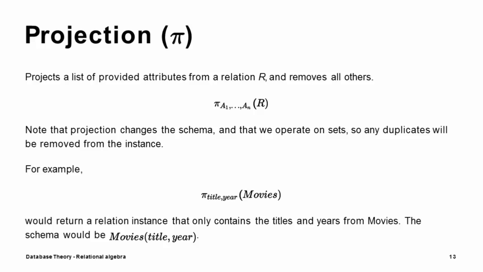So from the movies, we are interested in the attributes title and year. So pi, subindex title, comma year, and the relation. And that returns all the combinations of title and year. We're just selecting those two attributes, and it returns all the instances of that.